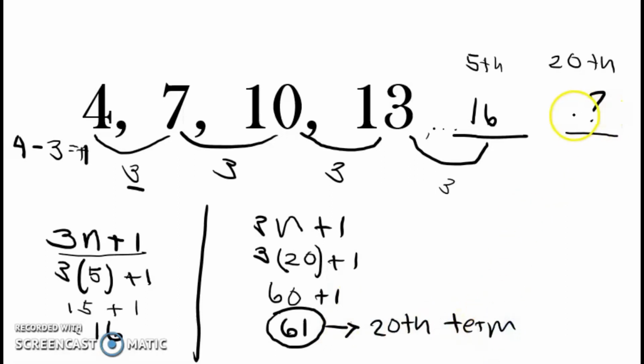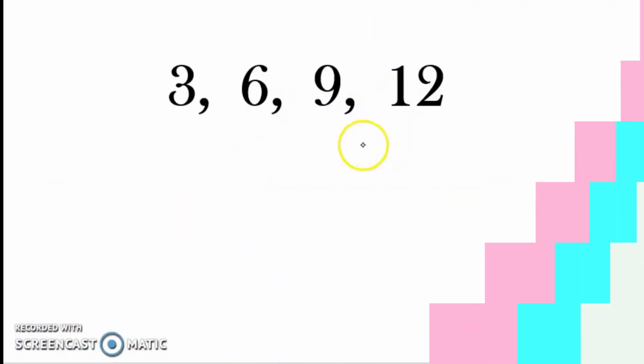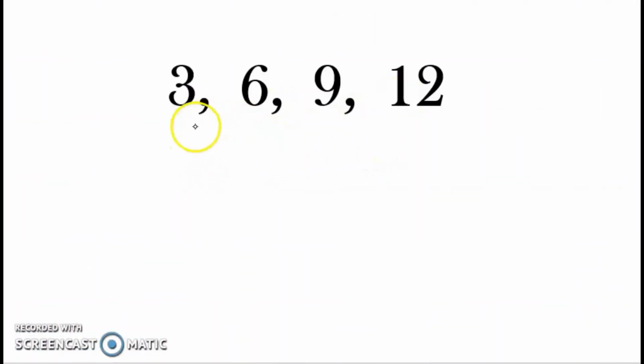Okay, but remember, this formula is only possible kung common ang ating difference. Okay? Yan ang gagamitin nating formula. So another example is this one, which is 3, 6, 9, 12. So, this is the first term, second, third, and fourth. Now, same procedure, no?